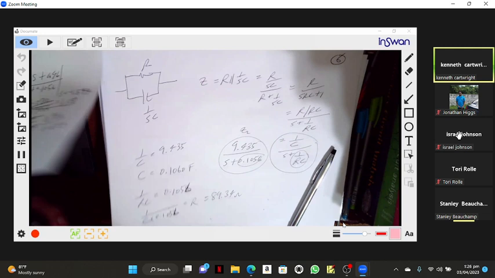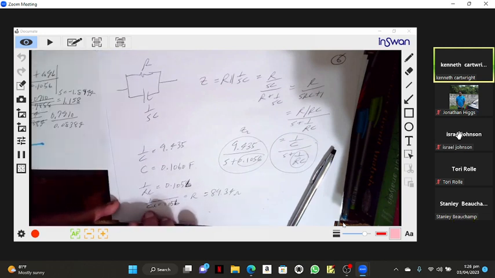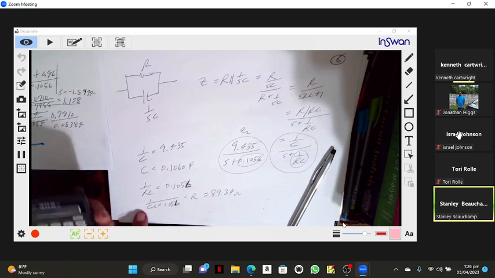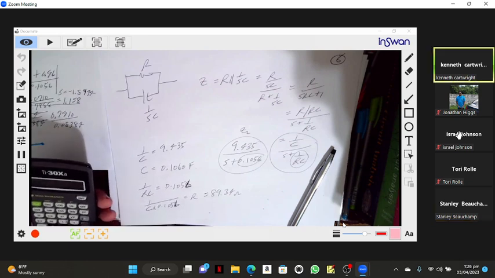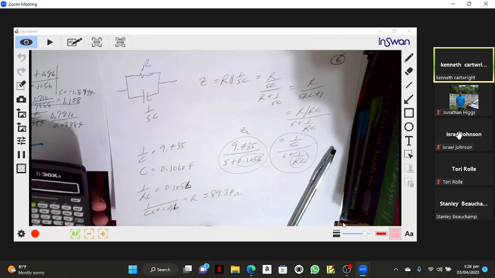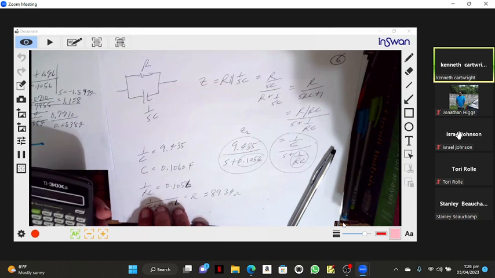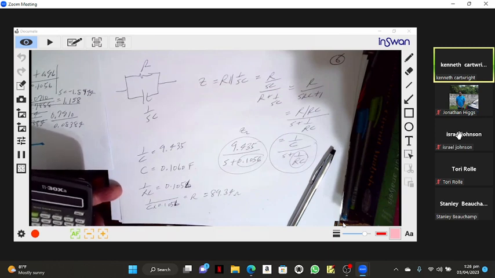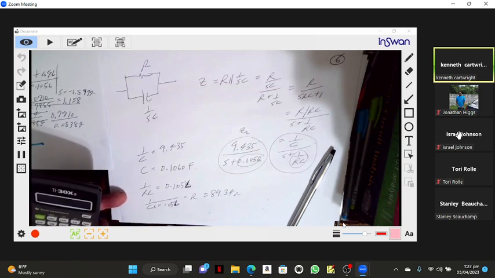Anybody else? Okay, let's see. So 1.6 times 0.1056 plus 0.96, 0.7910, that's good. 0.18944 minus 0.1056, 0.08384, reciprocal times 0.7910.